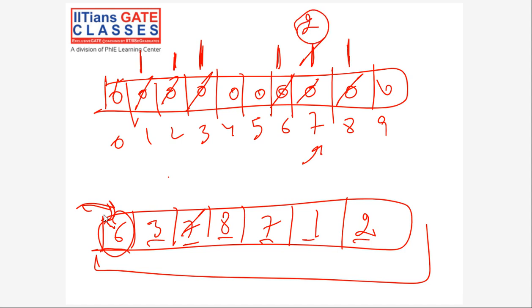So this array stores the count. The index represents the value in the input array, and the value inside the array is the count of that index. Is this clear to all of you? Yes or no?